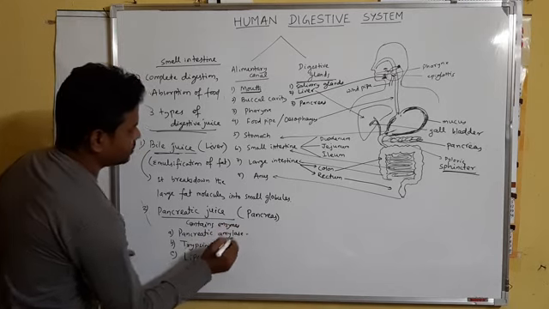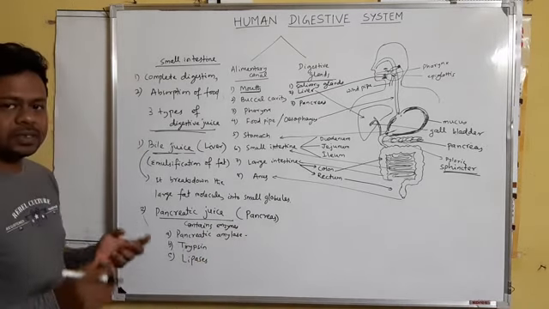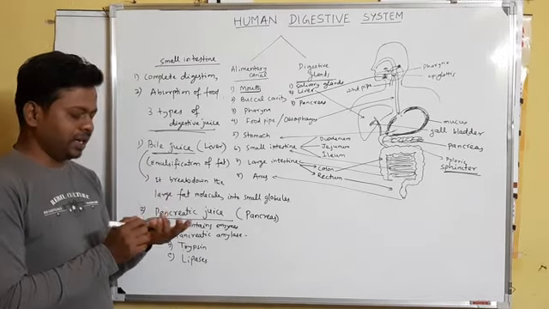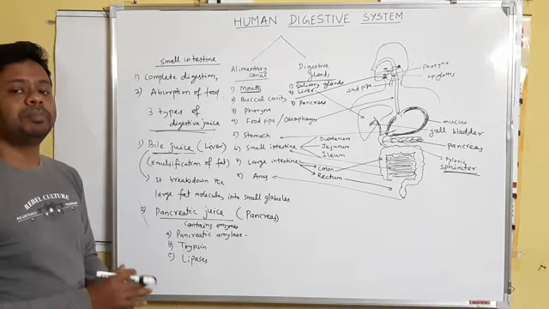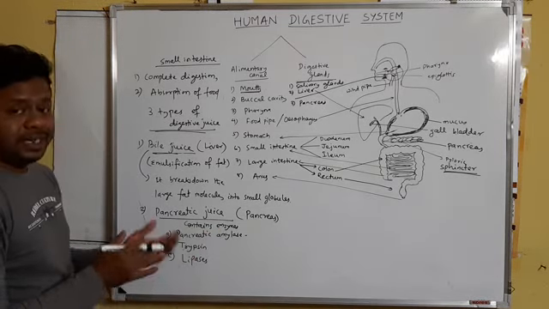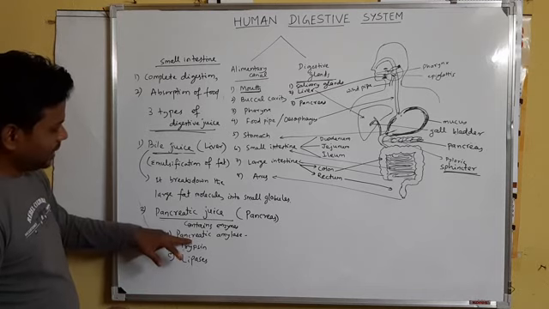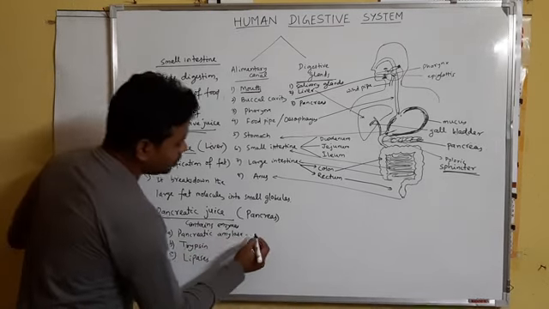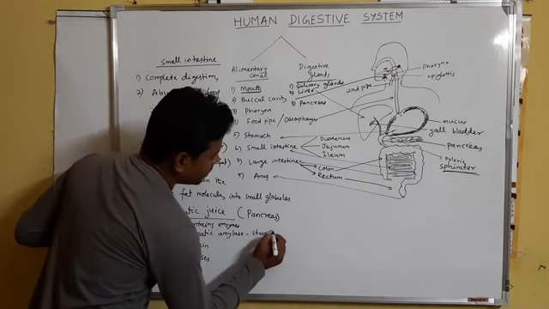Enzymes break down a particular component of the food into simple forms. They break it chemically. The pancreatic amylase breaks down the starch into sugar.